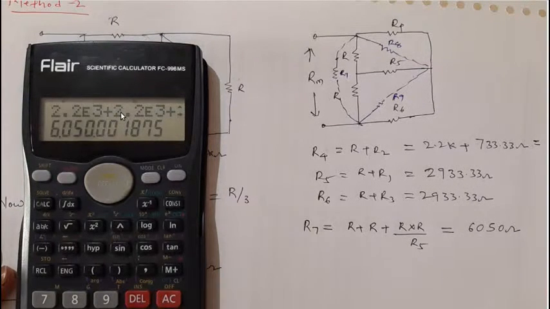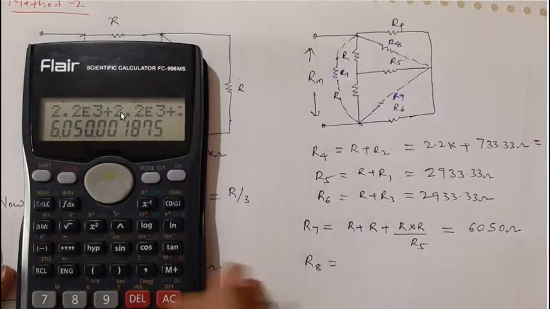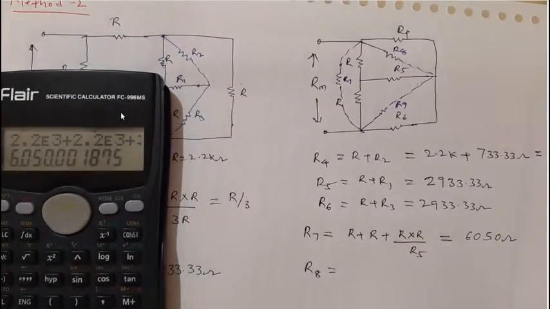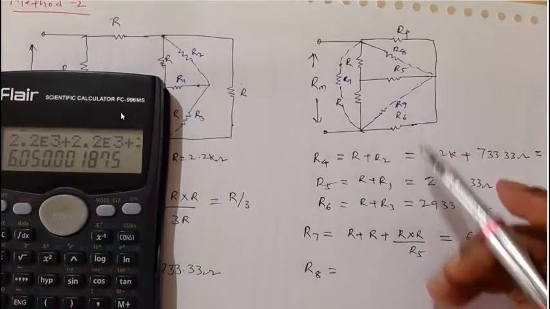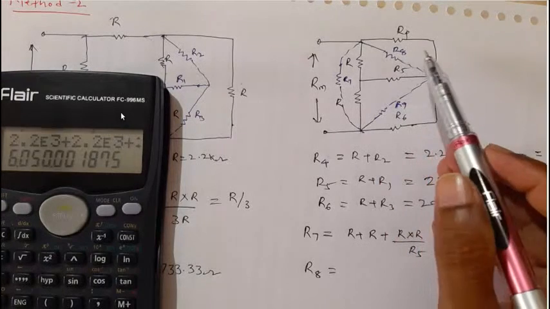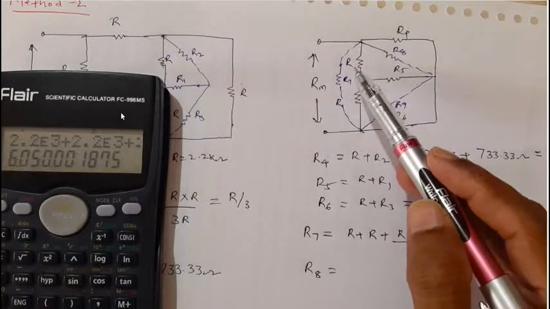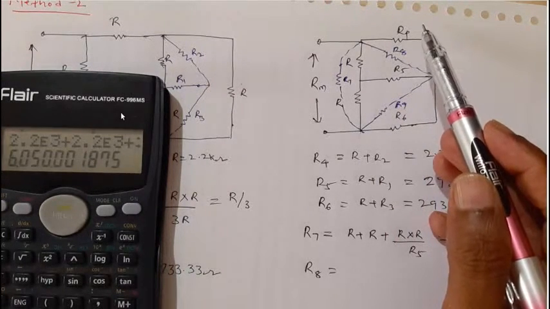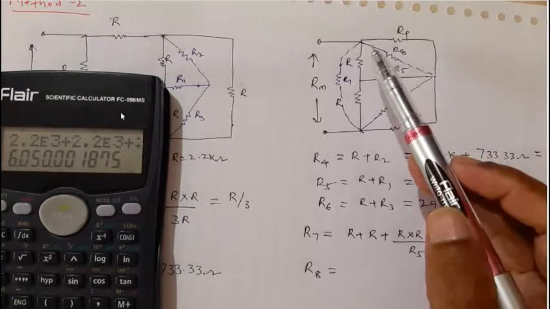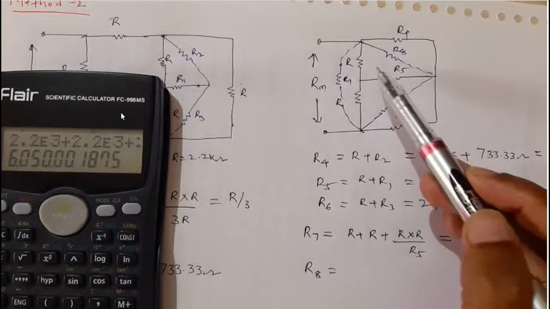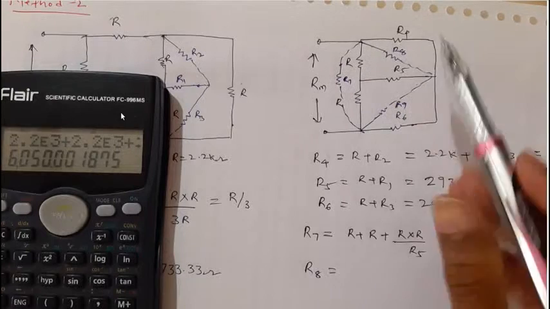right. Similarly R8 is this resistance, you can see here, and the two resistances which are connected to it are R and R5.